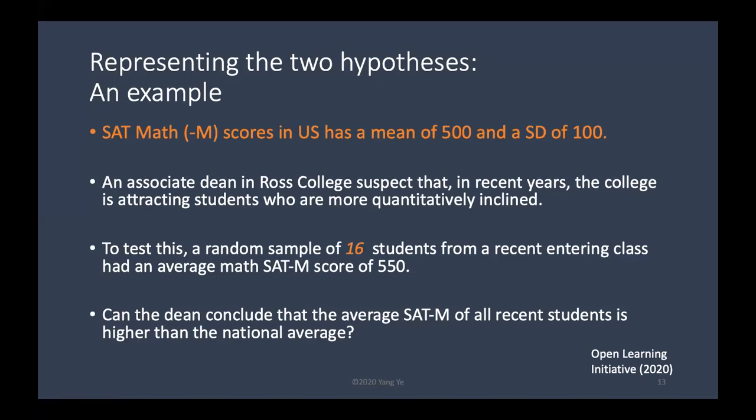All the students in the college, or at least all students in recent years, are our population that we want to generalize to. So eventually we're comparing two populations here. One is the US students who have taken the test. The other is all the students of this college in recent years.